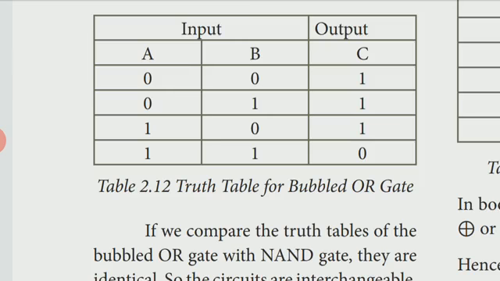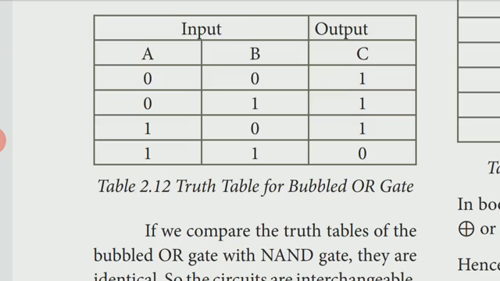In bubbled OR gate, so here 0, 1. So, you have to take a complement for this. So, first A complement is 1, B complement is 0. So, any one input is 1, again you will get the answer as 1.